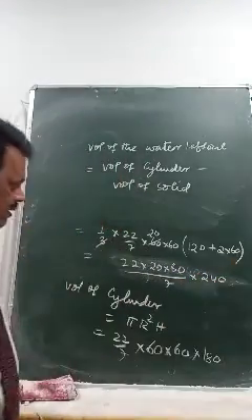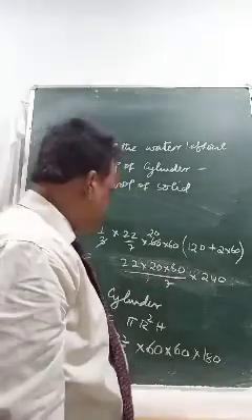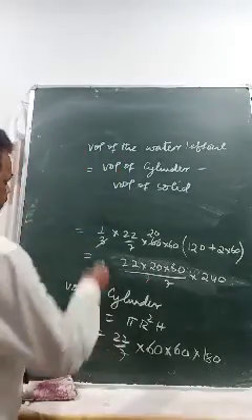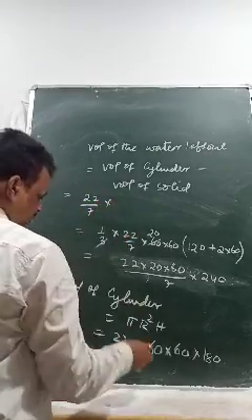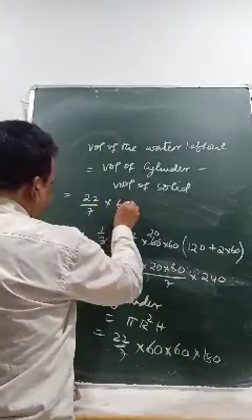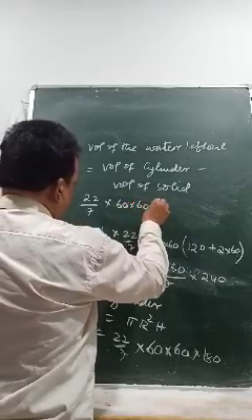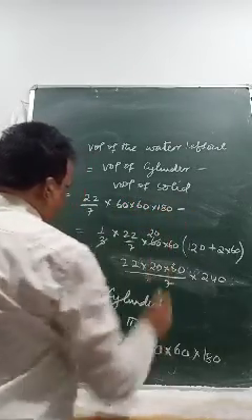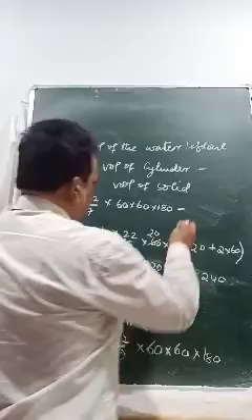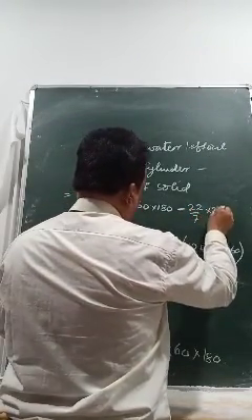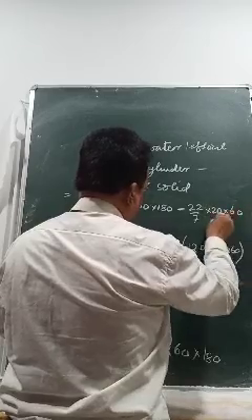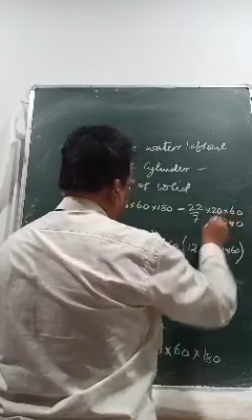See the technique, I'll tell you what you have to do. Don't multiply. This is 22 by 7, 60, 180, minus 22 by 7, 20, 60, 240.